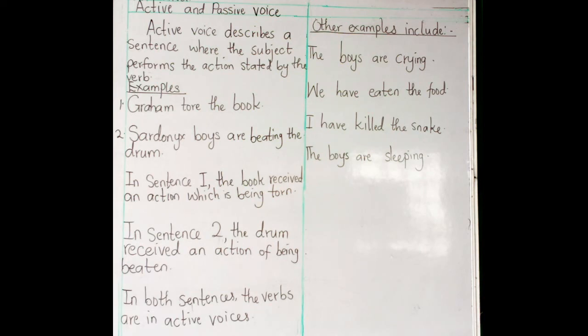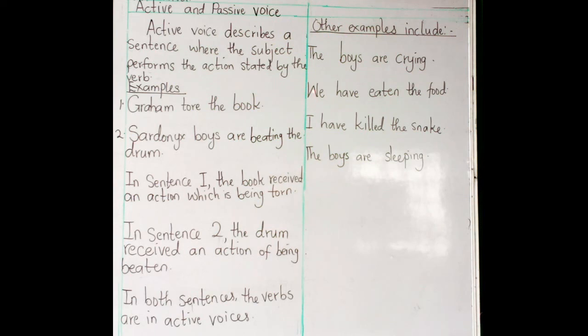The next one we have is: we have eaten the food. I hope you can still remember your tenses of verbs, when we talked about present tense, past participles, and all that. We did that sometime in first term. So I believe we can remember what type of sentence this is.